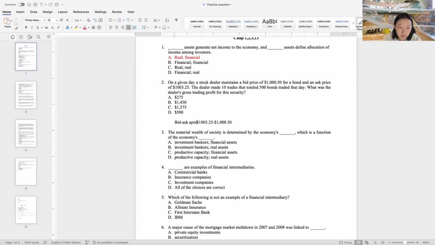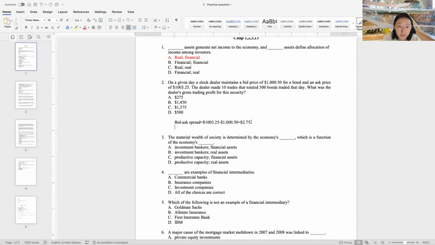The bid-ask spread equals 2.75. And the bid-ask spread times the number of bonds traded will be the profit of the dealer.